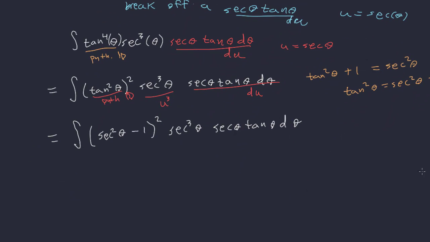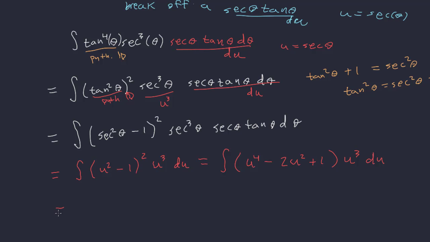Now I could FOIL this out with the secants, but like last time, I'm going to go ahead and get this new integral in terms of u. So secant squared will become u squared. The 1 just stays as 1. Secant cubed becomes u cubed. And this secant theta tan theta d theta just becomes our du. Now we can FOIL this out. This will be u to the fourth minus 2u squared plus 1 all times u cubed du.